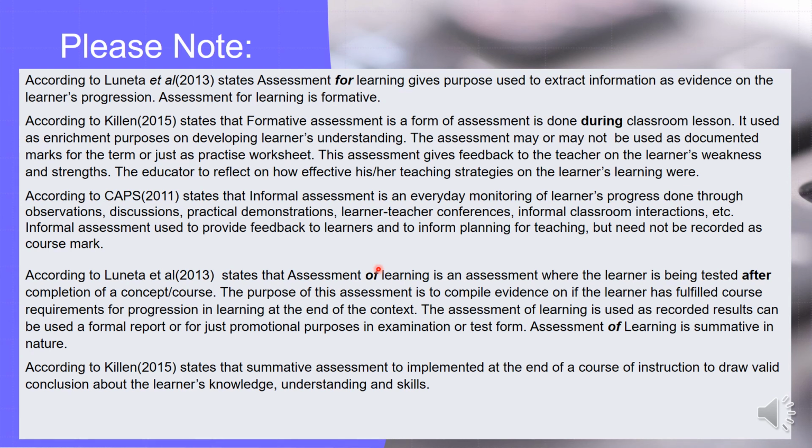So the assessment of learning tells us how the child did for promotional purposes in exams or tests, and that's what Killen calls summative, at the end of the course. So assessment of learning is summative and formal.